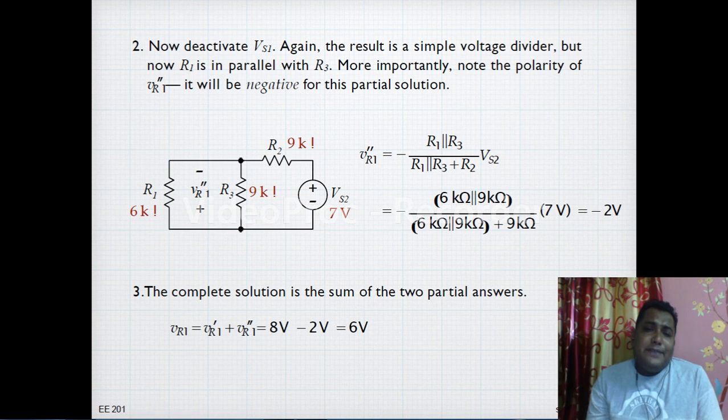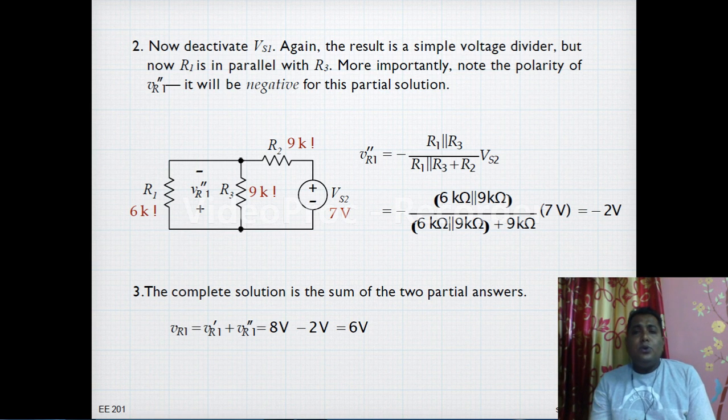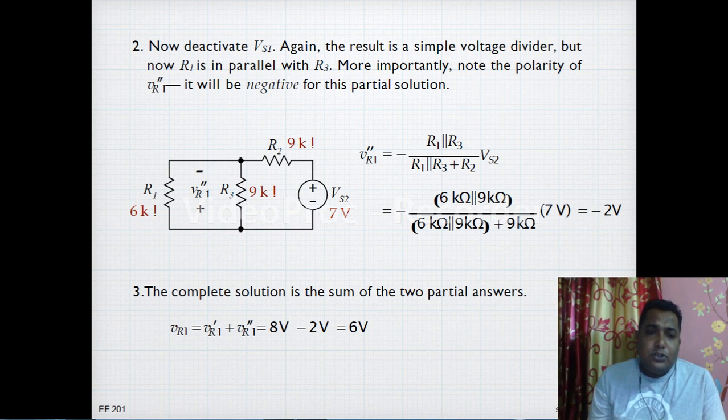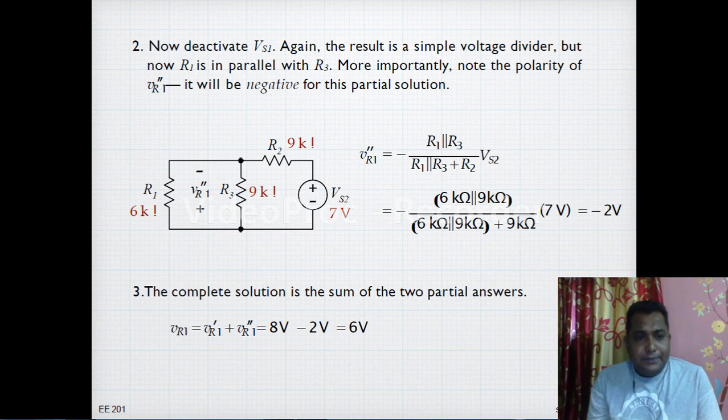So VR1 double bar is equal to R1 parallel with R3, divided by R1 parallel with R3 in series with R2, times Vs2. From there we can directly find the potential across R1, correct?